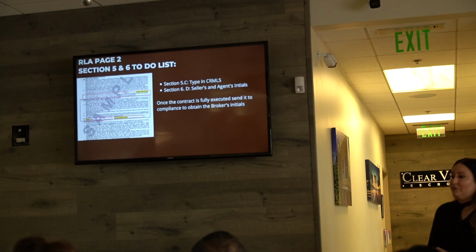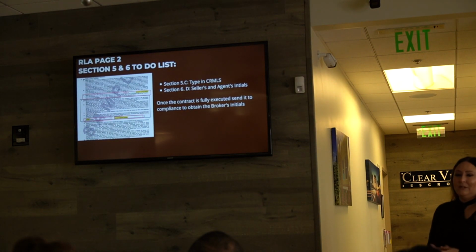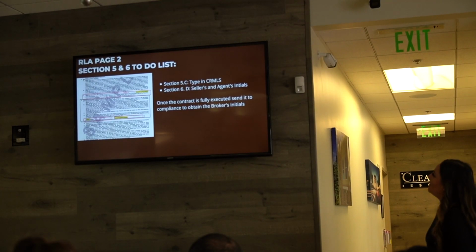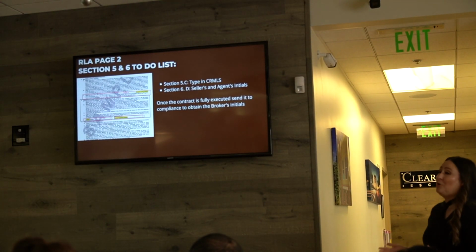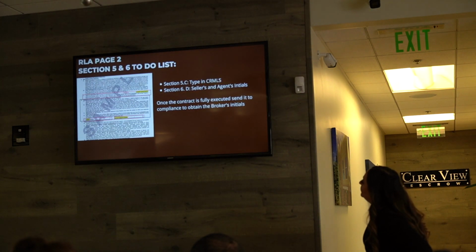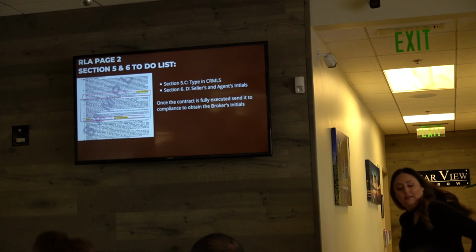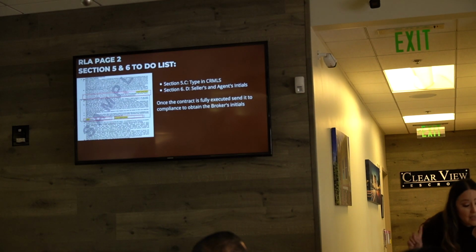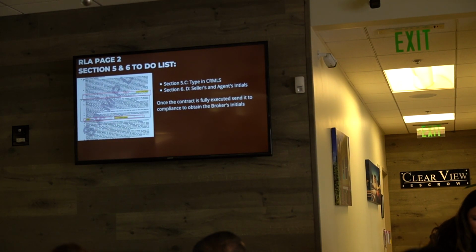So it's important for sellers to understand that if they want to opt out of having their property on the MLS. I don't know why anyone would, but it happens. They have to sign that middle section, then you sign the next section, and send it over to us so we can get broker initials on it.